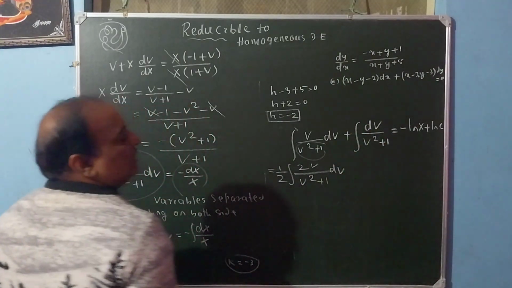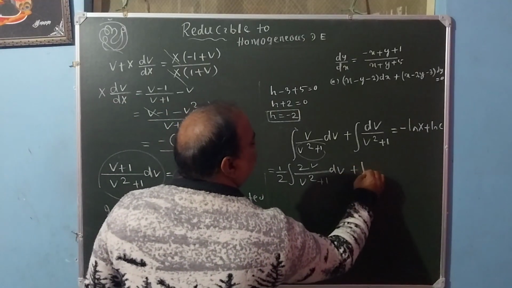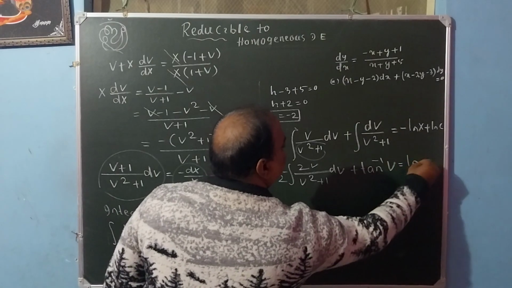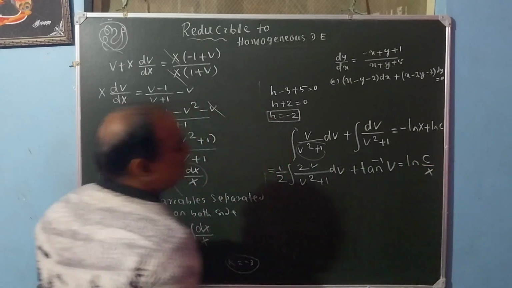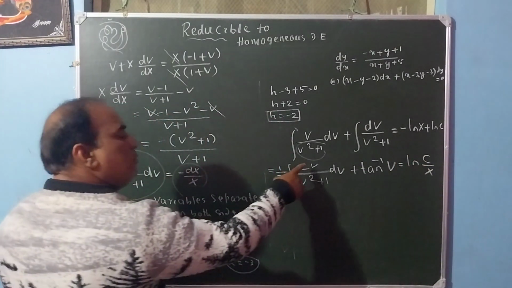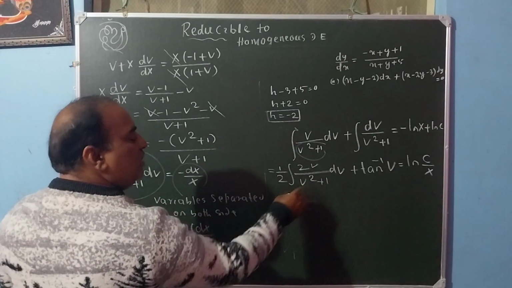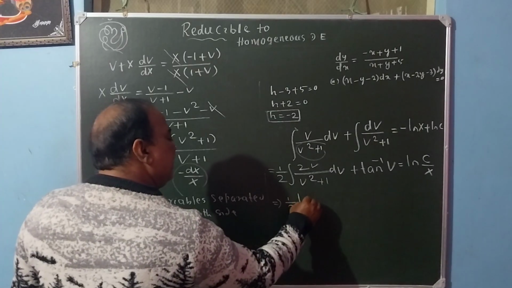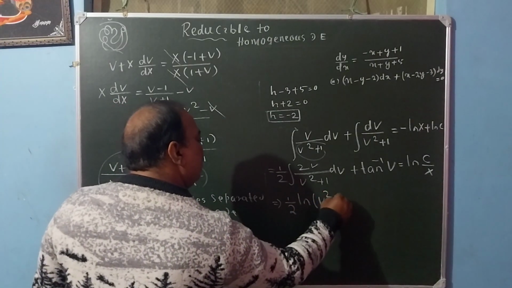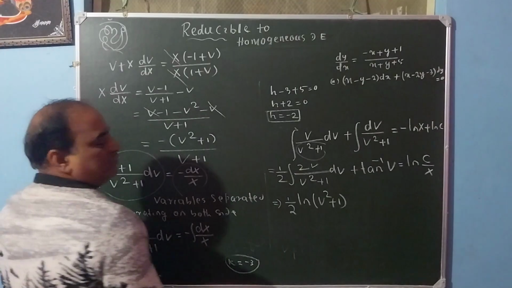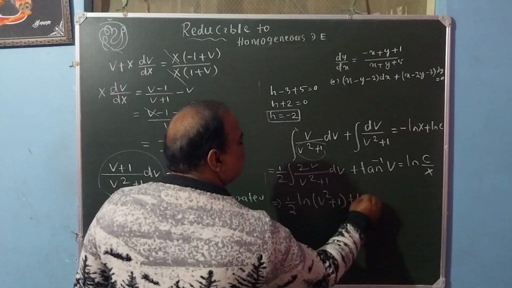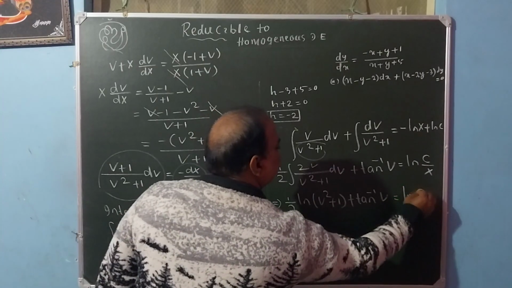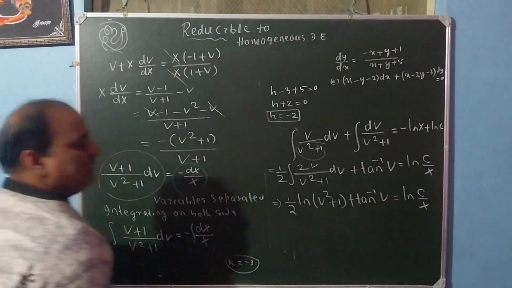Here the integration of the other is tan inverse v. In the numerator it is the derivative of the function, so the integral value will be 1 by 2 ln (v square plus 1). So here it is tan inverse v, here it is ln c by x.